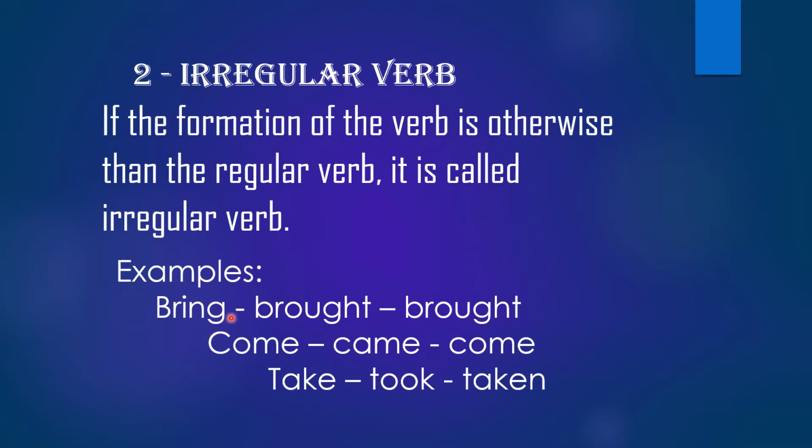But here we are using another method for forming verb second or third form, that is irregular verb. Same as come, second form came, and past participle come. Take, base form, took, second form, and taken, third form of the verb, past participle form of the verb.